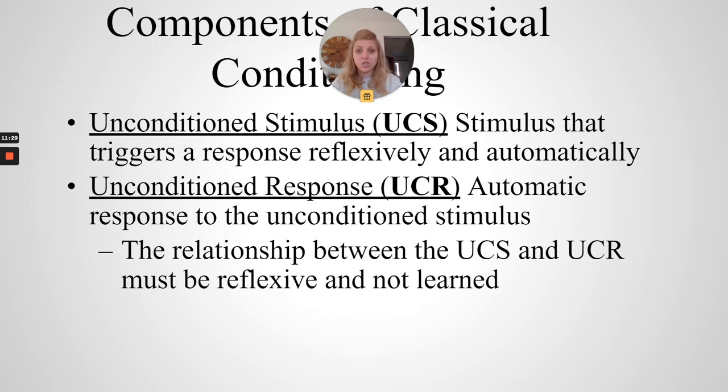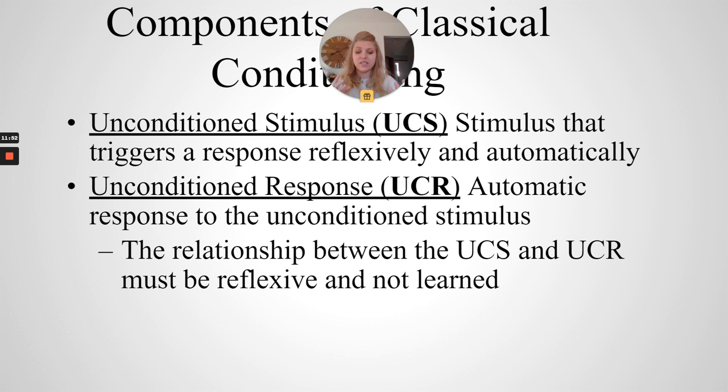So if we go back to our terminology, as we just mentioned, an unconditioned stimulus, sometimes referred to by its abbreviation UCS, is a stimulus that's going to trigger a response reflexively and automatically. And the unconditioned response is the automatic behavior that I did.